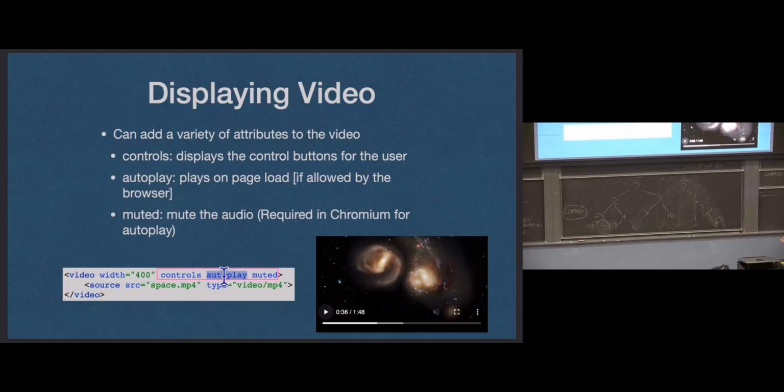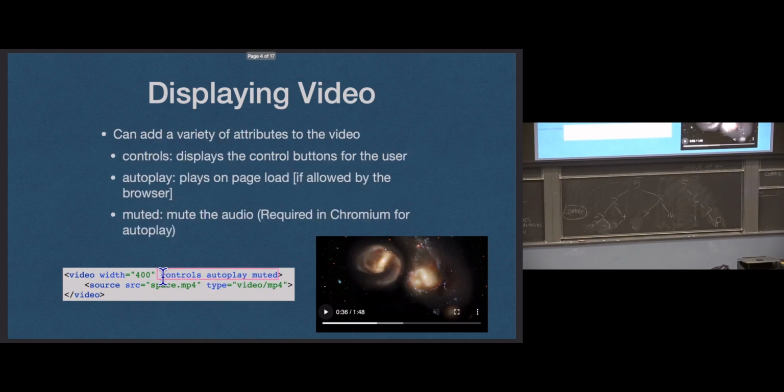When you load up a page and it automatically has a video playing audio and just blasting out your speakers and everything. That's really annoying, so we're not going to let people do that, at least not with the default built-in video player. There are ways around it. Obviously, we go to sites and get annoyed by that all the time. But if you're using the default player, muted with autoplay, then Chromium will actually autoplay the video.